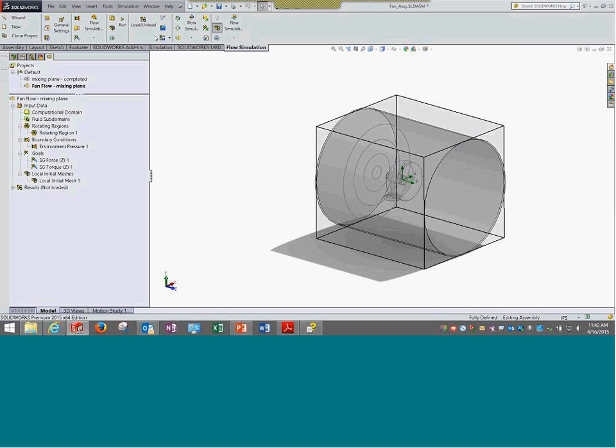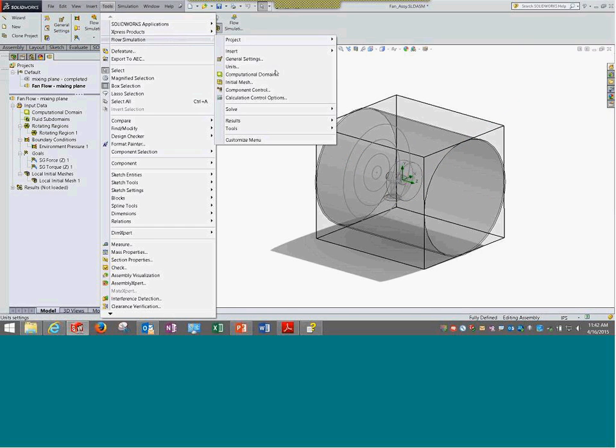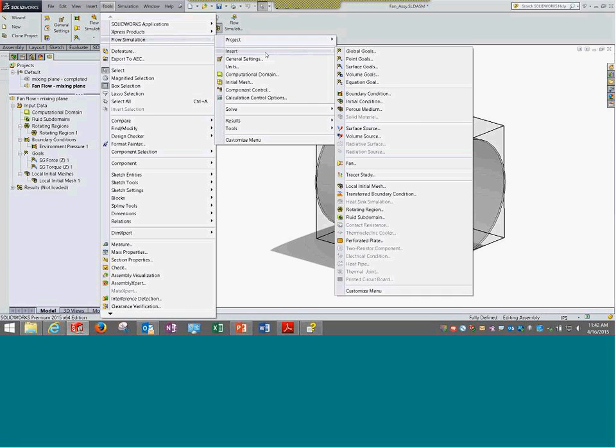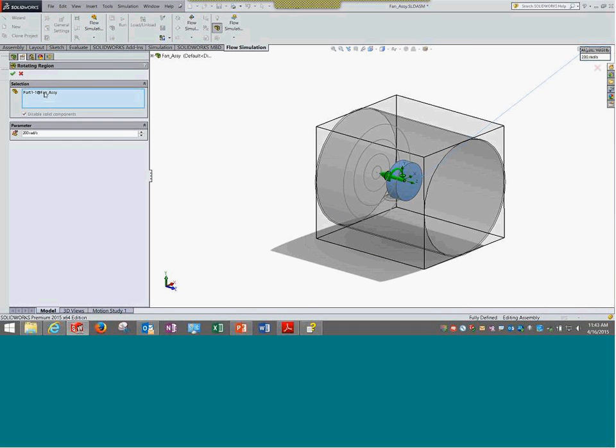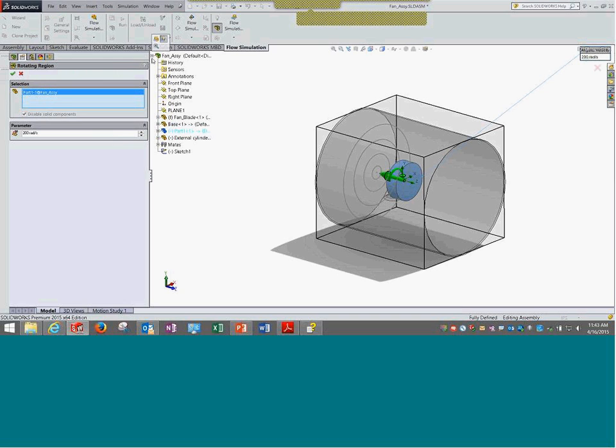On inserting, it gives you an option to select the part, the dummy component, which is being used as the rotating component. So remember, we are looking at a relative motion, or a relative frame of reference.